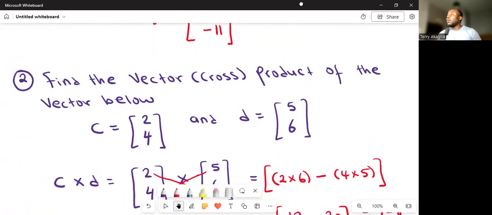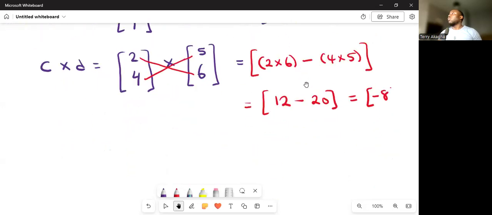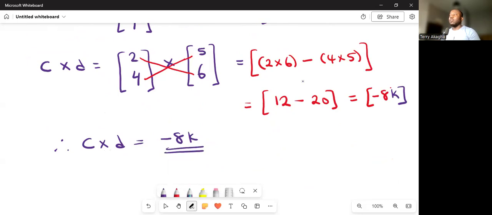So when we go back here, it's going to give us minus 8 K. Don't forget that part. So therefore, C times D is equal to minus 8K. Or if you want to put it, you can put it like this, minus 8K. All right, so that is that for that.